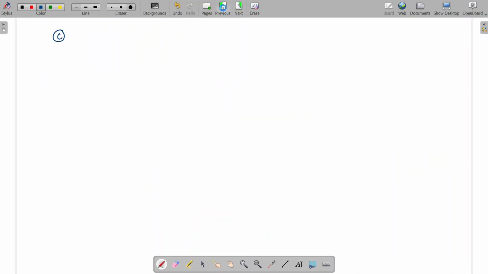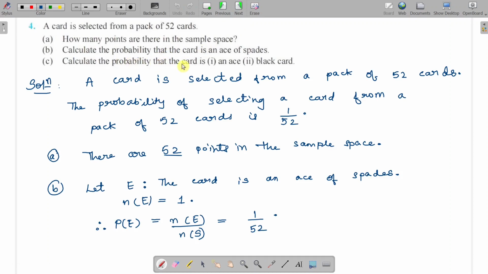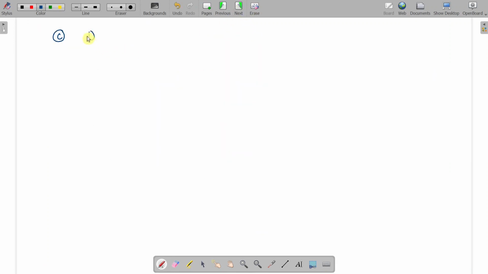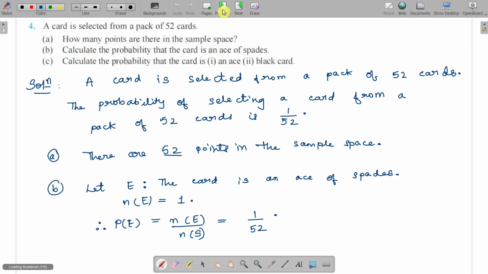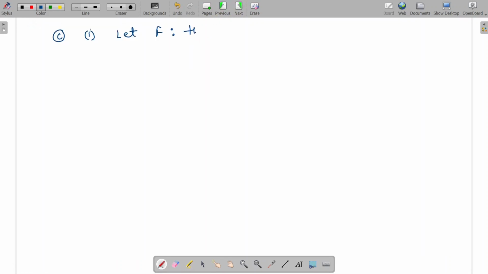Now let us look at problem C. Calculate the probability that the card is first an ace, okay, second a black card. So first let us take an event. So let F be the event that the card is an ace. Okay, so that means the number of elements in F will be what?